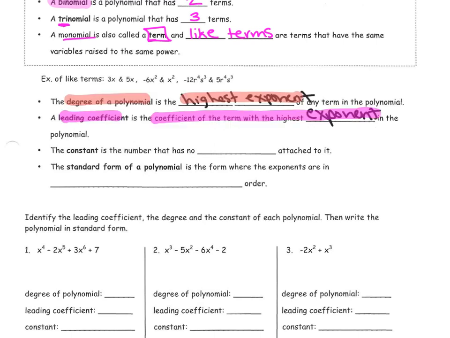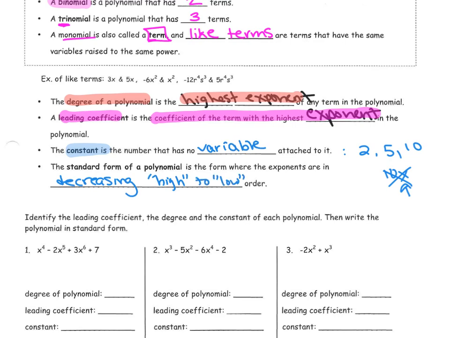The constant is just the number that has no variable attached to it. So that could be the number 2, the number 5, the number 10. But 10x is not a constant because of the variable. And then lastly, we write standard form of a polynomial where the exponents are in decreasing, or descending, order, going from high to low.